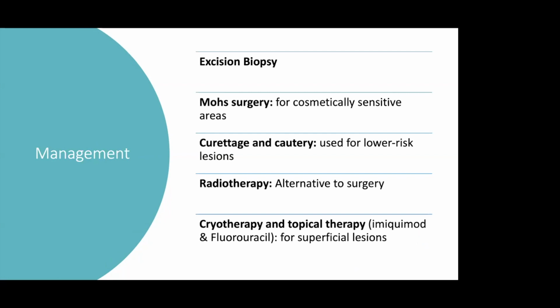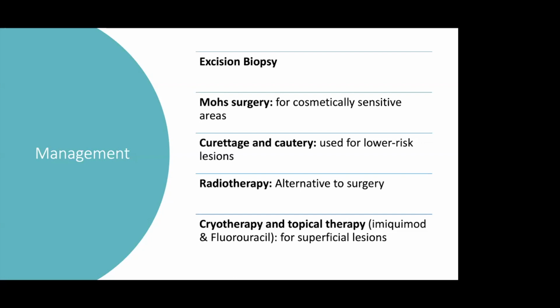This is typically done with a 3 to 5 millimeter margin around the lesion. Following this, further surgery can then be performed if it's later found that they didn't have clear margins on the excision. Different types of surgery can also be used.